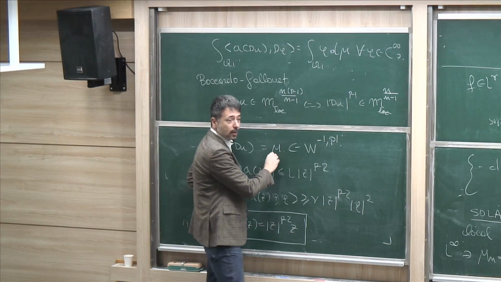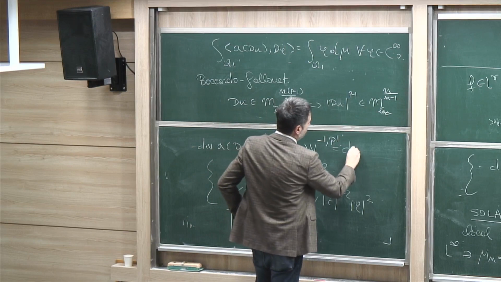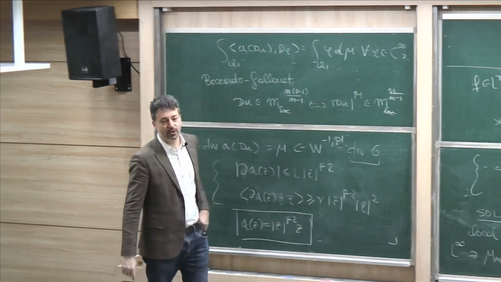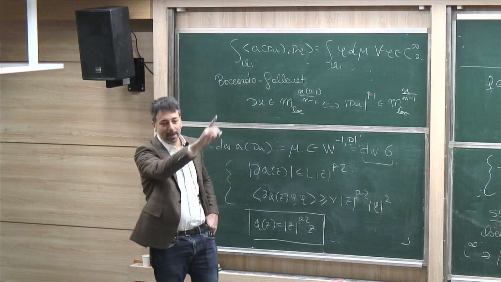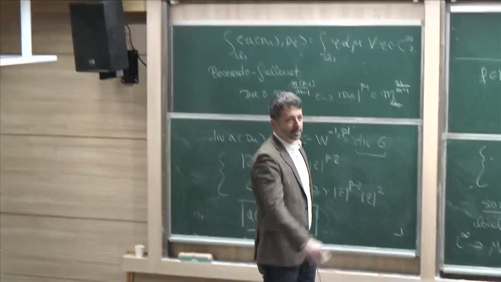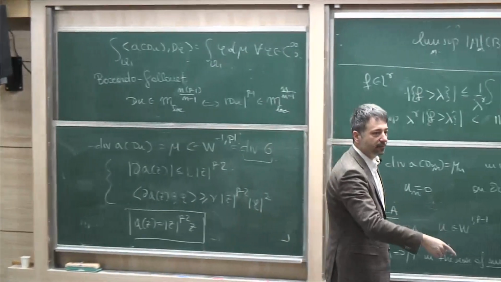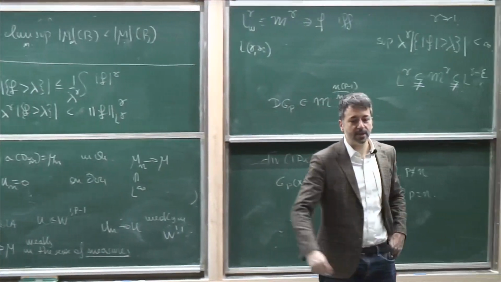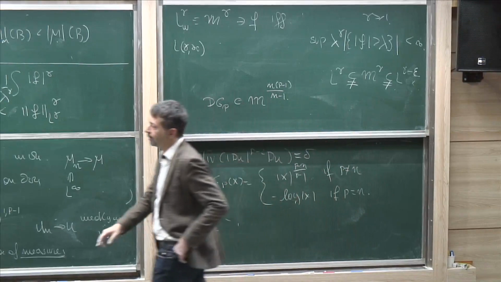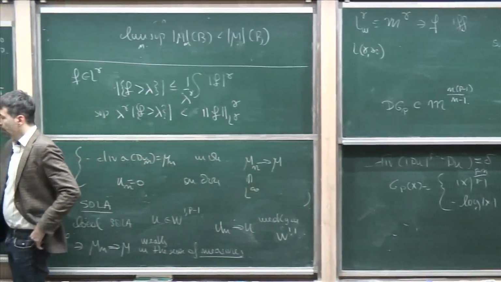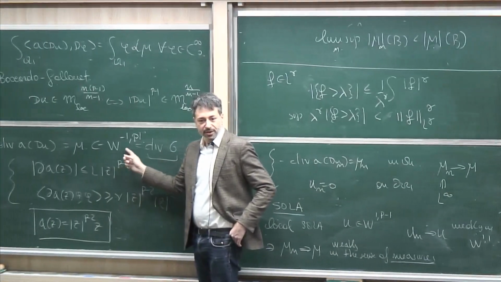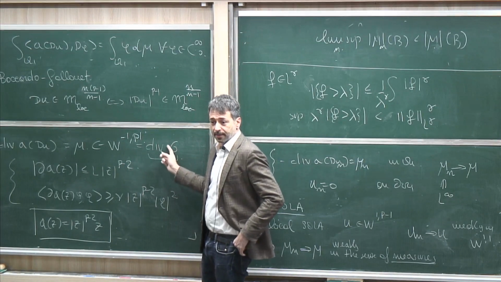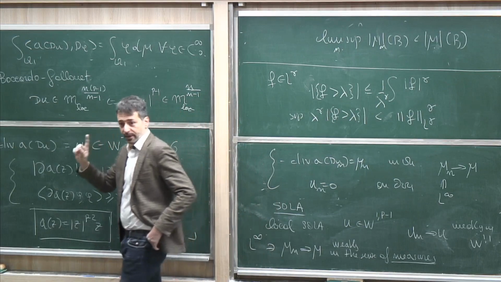Because when it's in the dual, then you can write it, by definition, as the divergence of G, and G is in L^p', and then you go back to the previous theory. So the previous theory of Ibanez, Di Benedetto, Manfredi, and other people covers the case when the right-hand side belongs to the dual, because then you can write it as the divergence of this object, and this belongs to the right space. You can work in the other range.